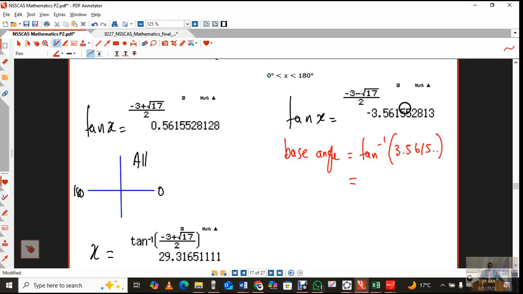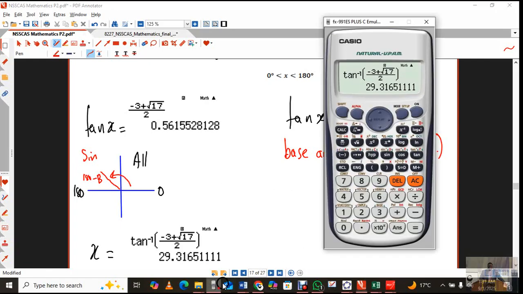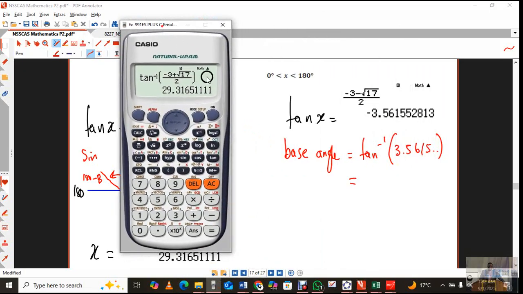Because it's negative, tangent is negative in the second quadrant, because here is the only sine that is positive. So in order for us to find it, it's going to be 180 minus that base angle. I'm going to say B for the base angle. All right, that's what we're going to get here. So let's grab the calculator and find the inverse tangent of that. Let's take this off.